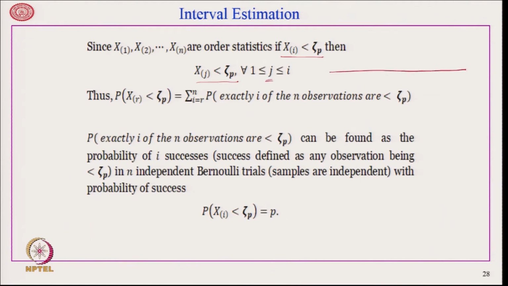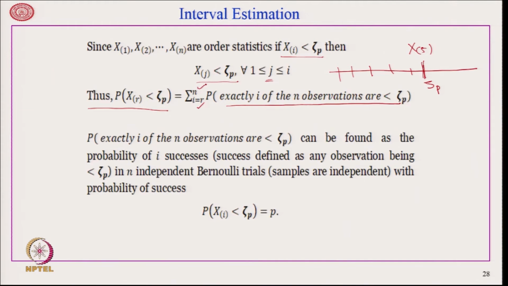That means, suppose this is my zeta p and I am saying that the fifth order statistic is less than or equal to zeta p, that means x 4, x 3, x 2, x 1 are all less than zeta p. Therefore, the probability that x r is less than zeta p is equal to the probability that exactly i of the n observations are less than zeta p, where i goes from r to n.